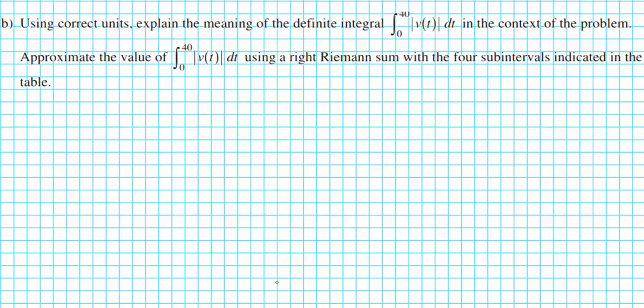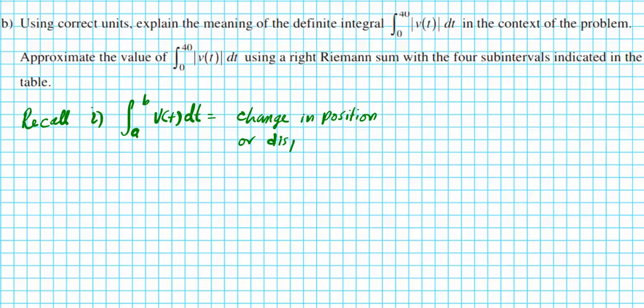So before we get started with the problem, let's go over some formulas concerning change in position and total distance. So one thing you want to recall is that, firstly, if you're taking the definite integral from a to b of the velocity function as it is, dt, this tells you the change in position, or you can think about it as displacement.